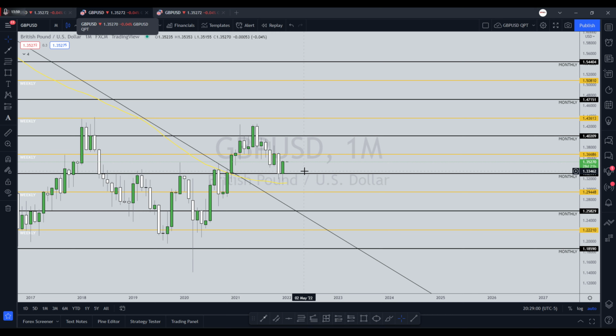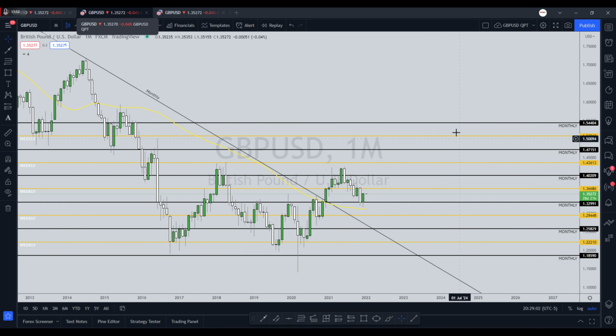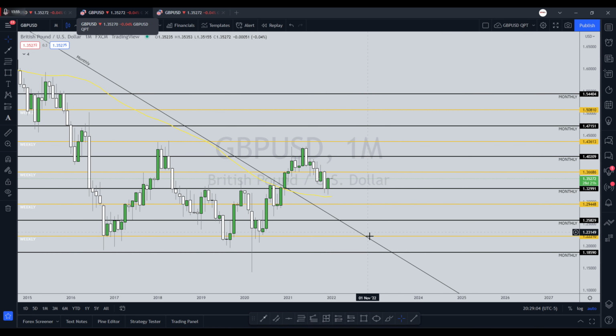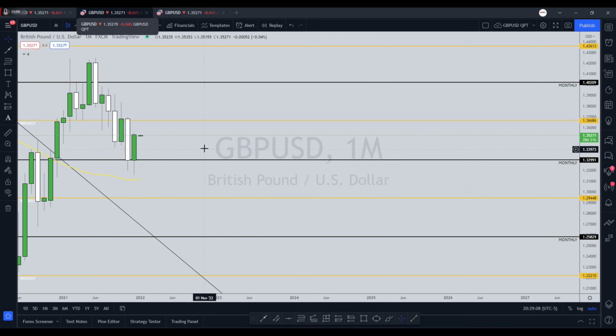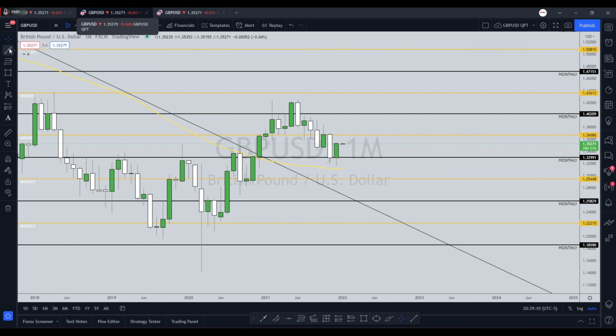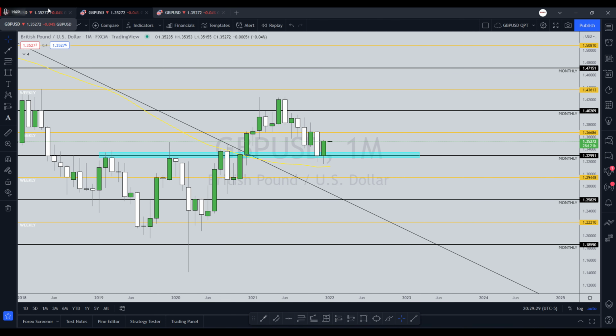So this chart is my key level chart, I've got the monthly, weekly, yellow and black and yellow, and it was on a key level last month for support, so it also broke. That was pretty much a confluence area, like anybody that took buys really took a good position.